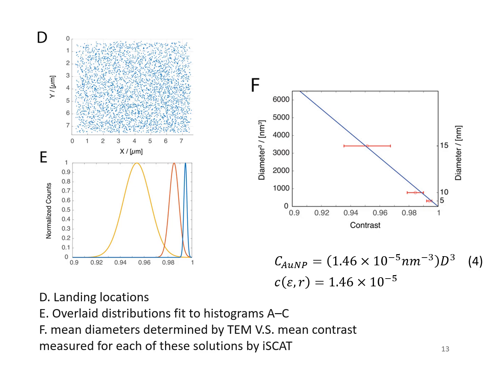Figure F shows the relationship between the average size measured by TEM and the regression contrast. The connection between the average diameter determined by TEM and the average contrast measured by iSCAD for each solution proposes the regression model of C in Formula 4.